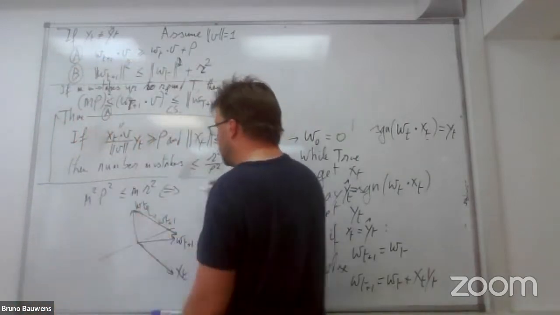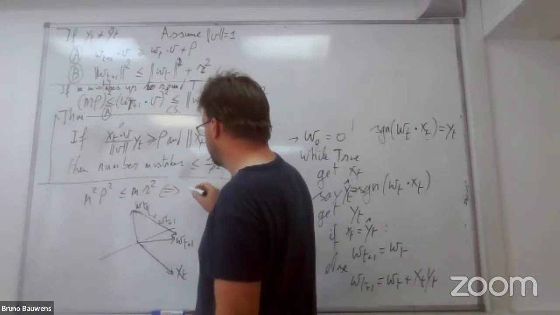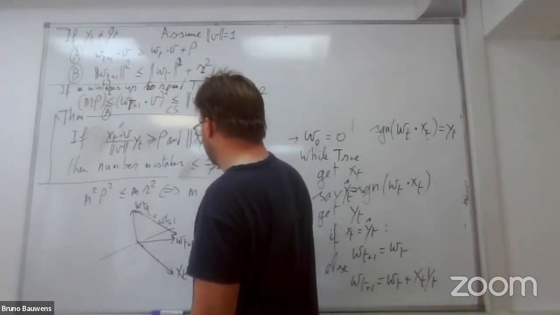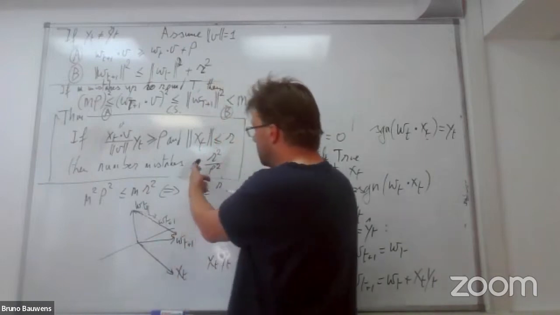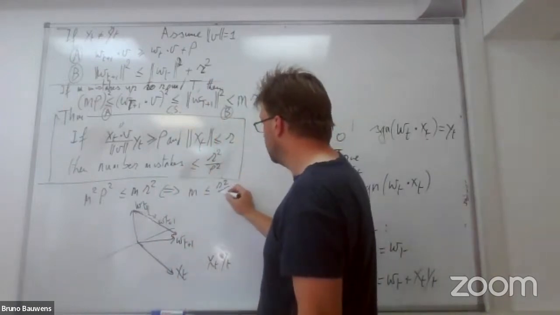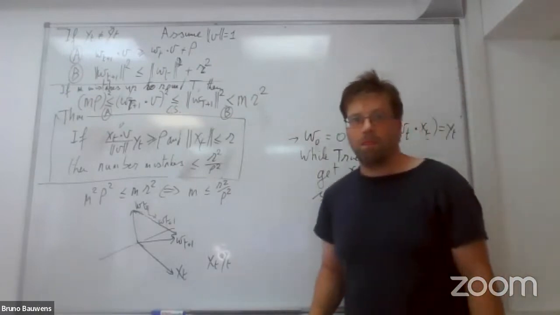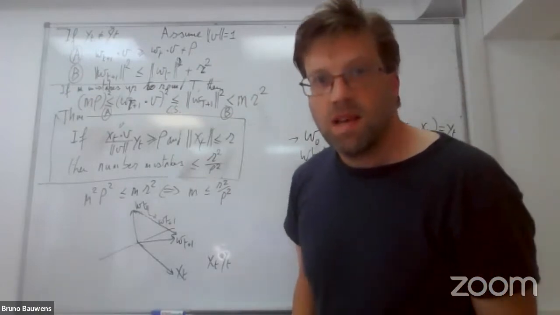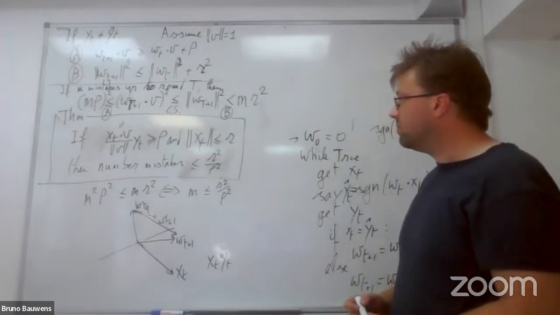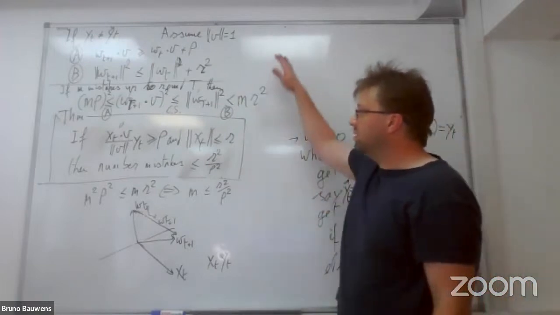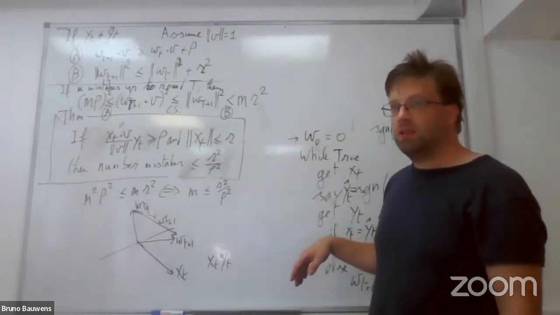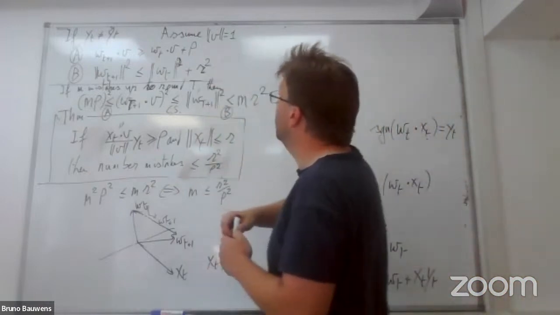Now we rearrange, divide by M and rho squared, and we get that M is smaller than R squared over rho squared, and we are finished. So this is proven. No, I have to say why A and B are true.